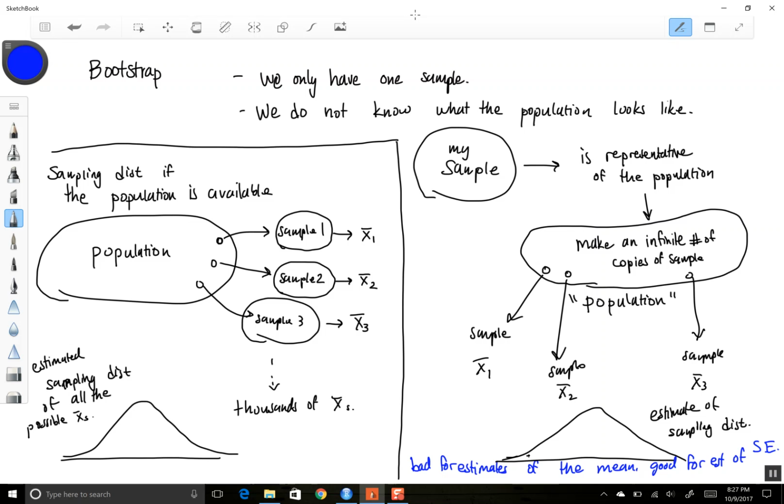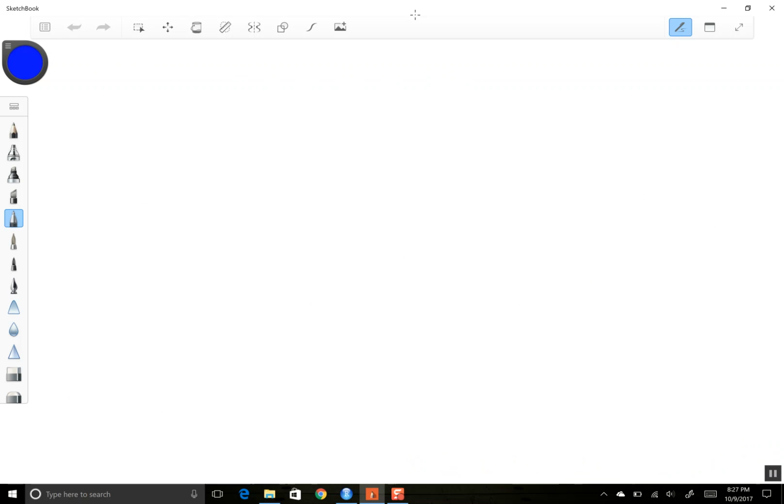At a practical level, we don't actually have to make infinite copies of the sample and then draw samples. All we do is sample with replacement, because sampling with replacement is effectively saying I've got infinite copies of my sample, right? So at a practical level, we don't really make infinite copies.